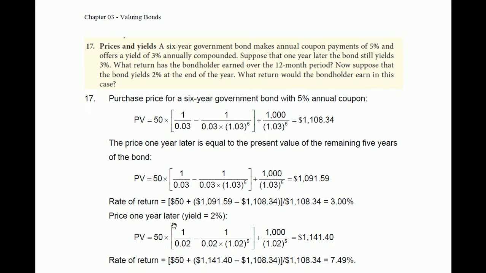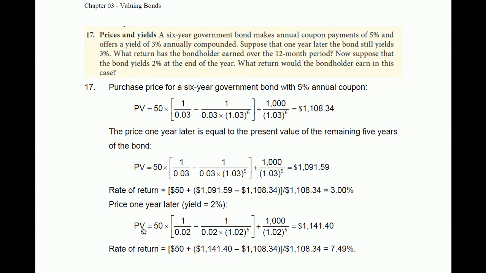But if the interest rate in the market, well, the yield drops to 2%, we can see that the price next year would be, this is the coupon, the discount factor, principal repayment, and the price would be 1,141.4. It would be much higher than this one.